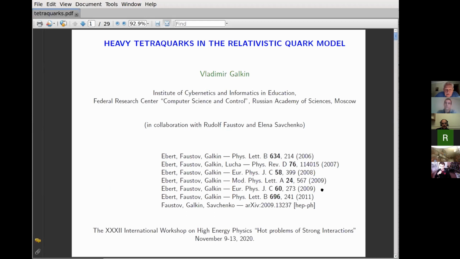We can interpret the lightest scalar mesons as tetraquarks. So there is no problem. For pentaquarks, it's a little more difficult since we have 5 quarks, and it depends on how we consider it: 2 diquarks and one antiquark, or maybe a baryon and a meson.